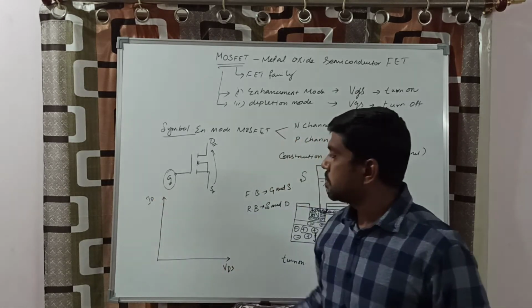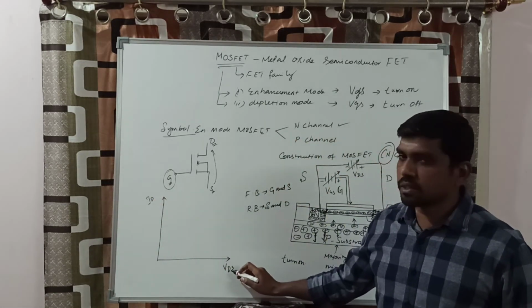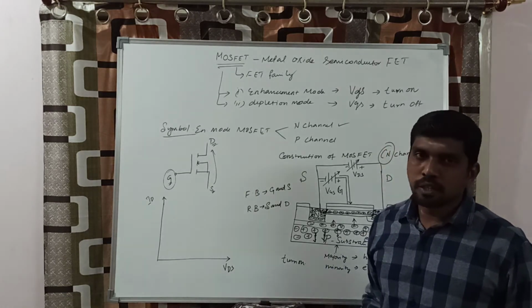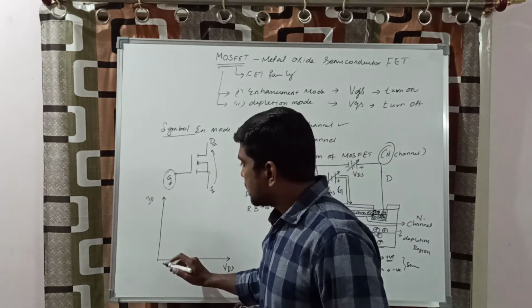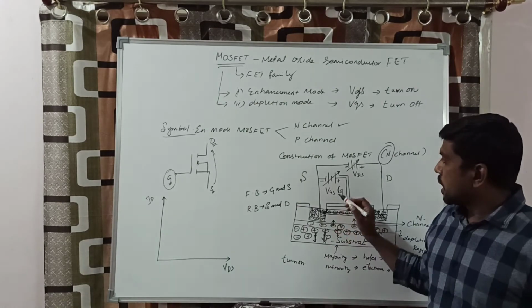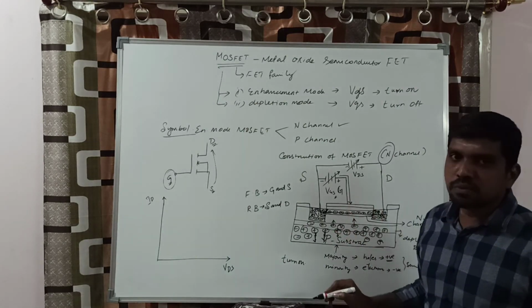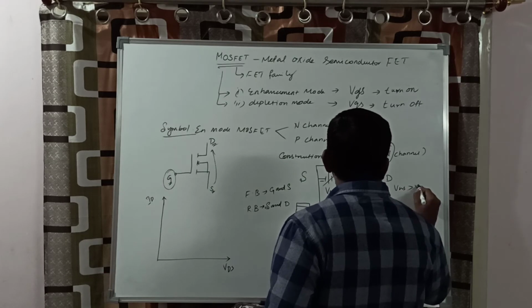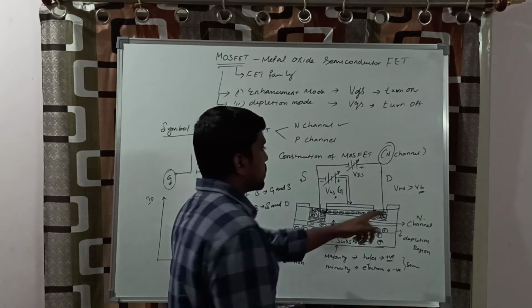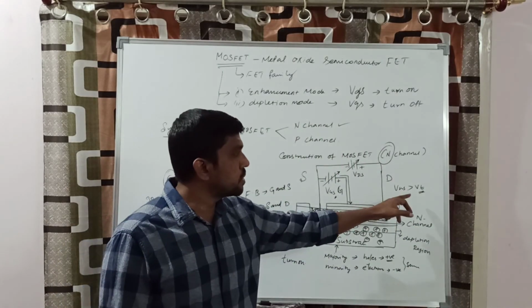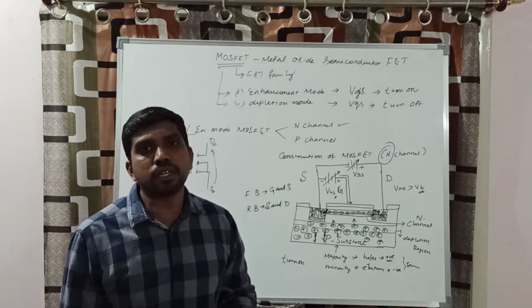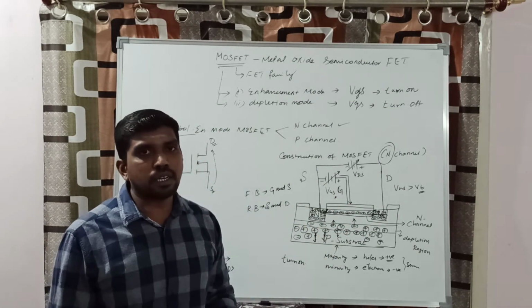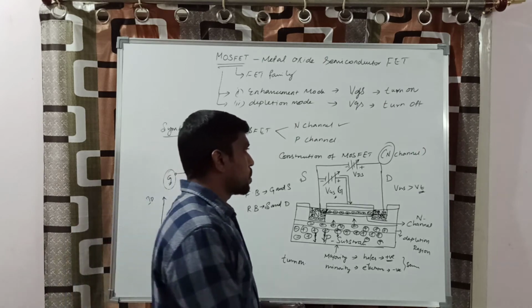ID represents the drain current, VDS represents the voltage between drain and source. When the current flow starts, you can apply the VGS value. This VGS value is greater than VT. VT represents the threshold voltage. The definition of threshold voltage: the minimum voltage required to turn on the transistor is called the threshold voltage.